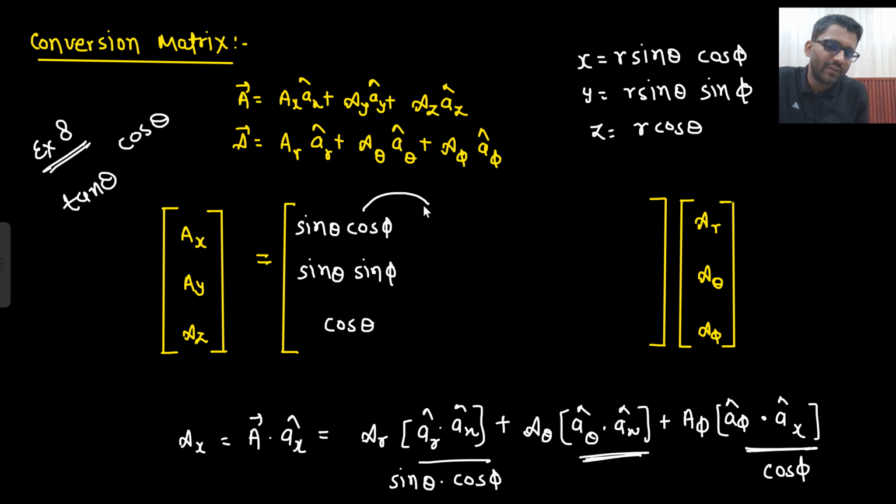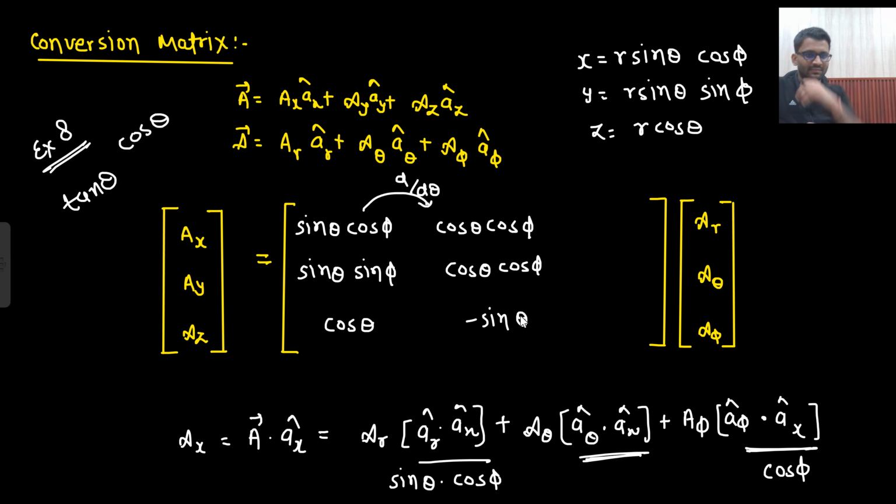Here you will differentiate with respect to theta first. So sin theta becomes cos theta, and the phi component will be as it is. Cos theta, minus sin theta. Is that clear to you?